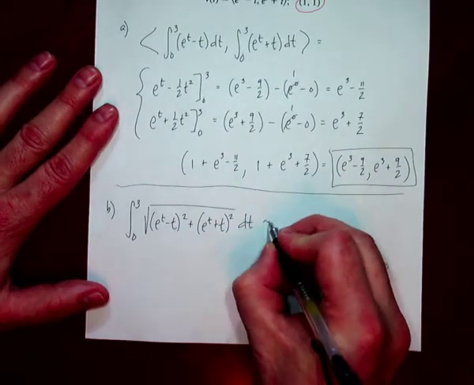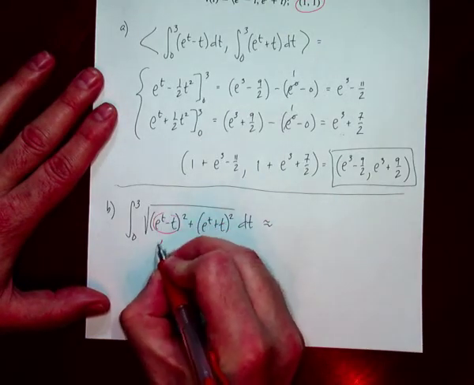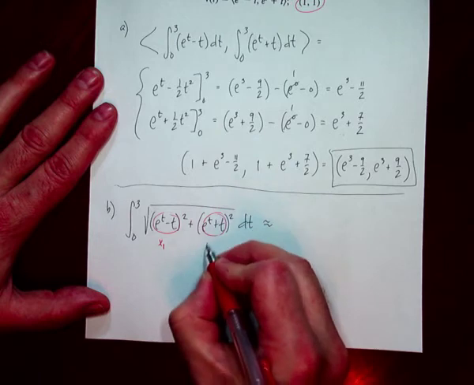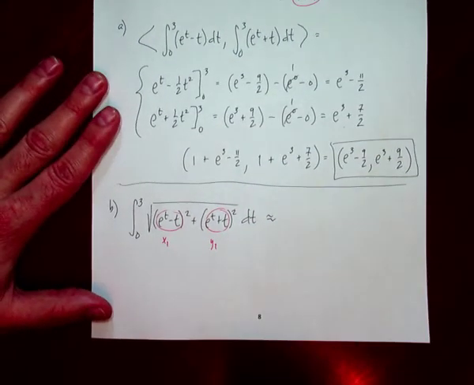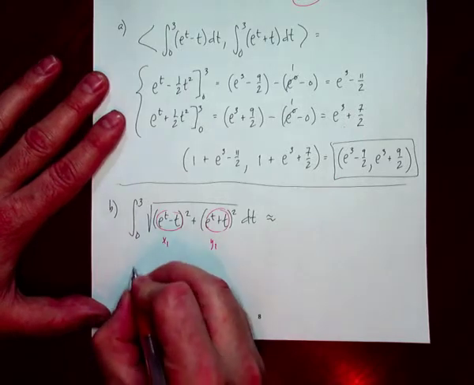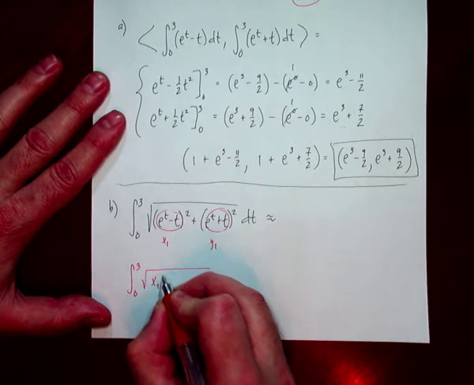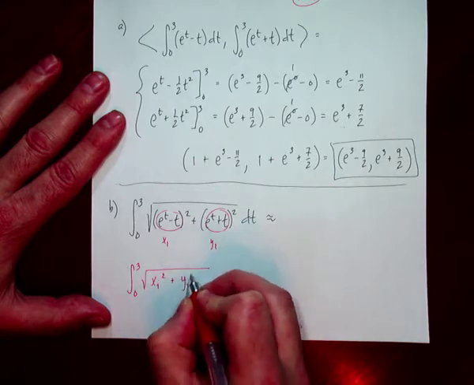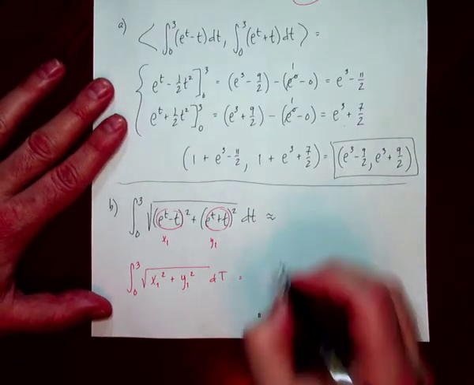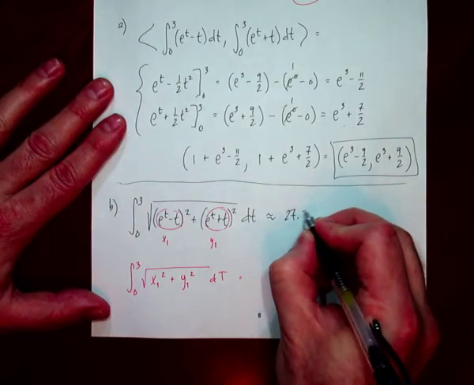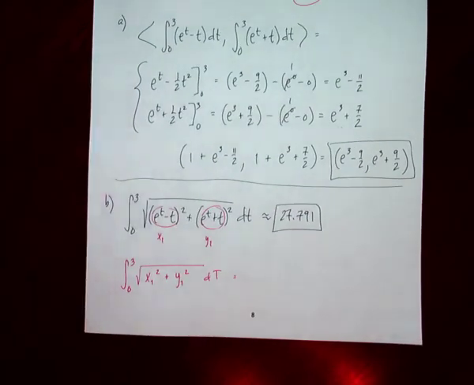And if I plug basically this into my x1 and this into my y1 in my calculator, and then I go to the main screen and type in 0 to 3 of x1 squared plus y1 squared dt, what I'm going to get is 27.791, and that is the total distance.